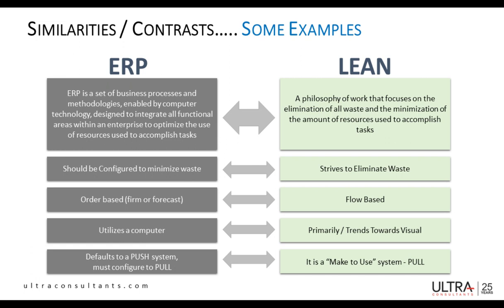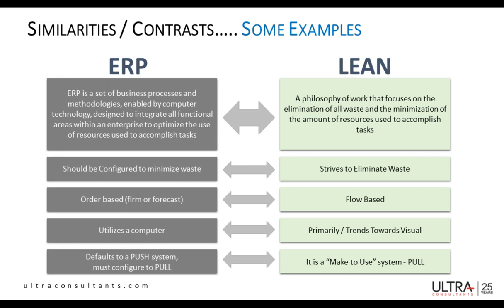On the lean side, you're always striving to eliminate waste. You don't need to configure it. You've adopted a whole system, a whole philosophy. On the left-hand side, ERP is kind of order-based, whether that's a forecast order or a firm order, whereas lean is more flow-based. Keep the flow going, understand what interrupts my flow, and manage or countermeasure the things that hurt my quality, my flow and my customer service.